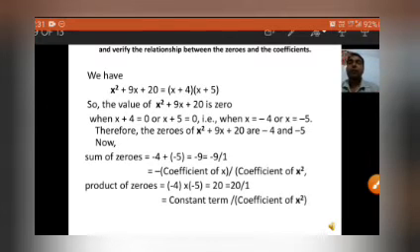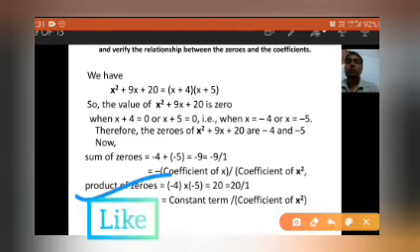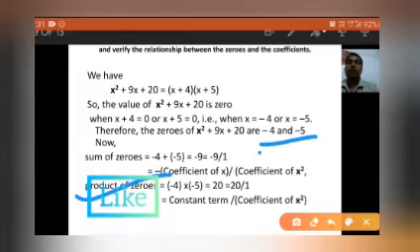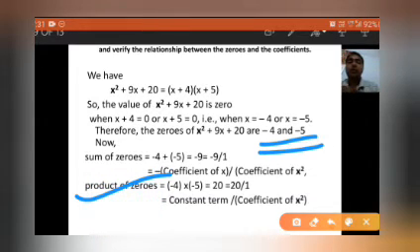Similarly, the product of the zeros: minus 4 into minus 5 gives 20. 20 can be represented as 20 by 1, where 20 is the constant term and 1 is the coefficient of x square.